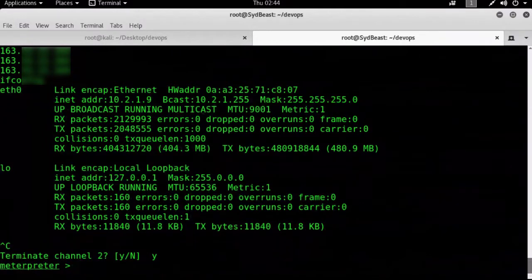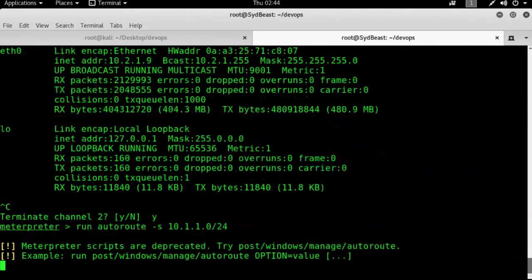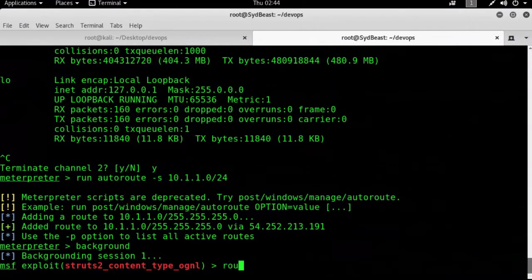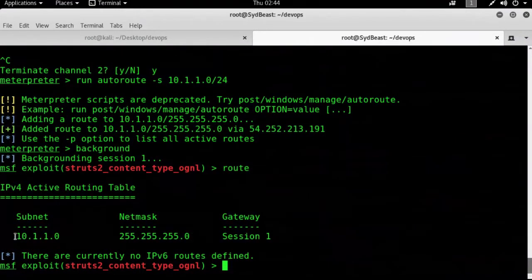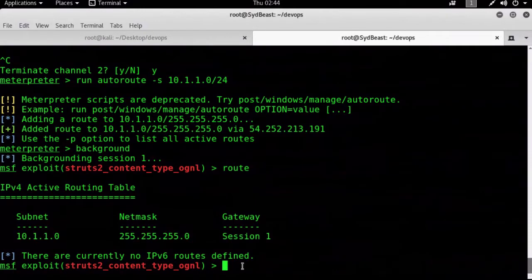This means there's potentially another network inside this environment that we could have a look at getting to. In this situation, we set up a route on our compromised box, and we want to see if we can get to this other subnet that appears in this production environment. So these commands are just setting up a route to get to the 10.1.1 network.